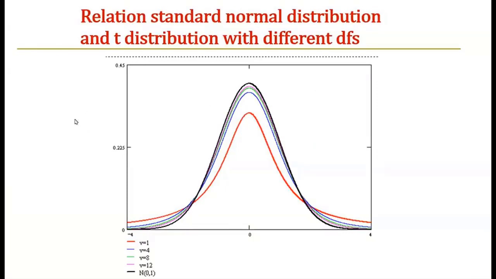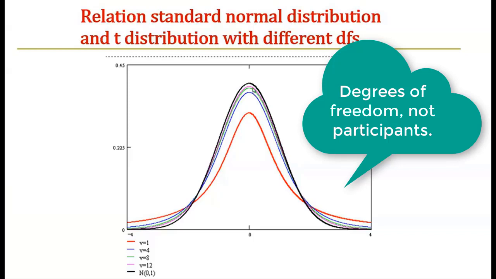Here we see the t-distribution again, just to reiterate that a t-distribution with one participant looks like this, but then as soon as you've got 4 participants, then 8, 12, the t-distribution becomes closer and closer to the normal.